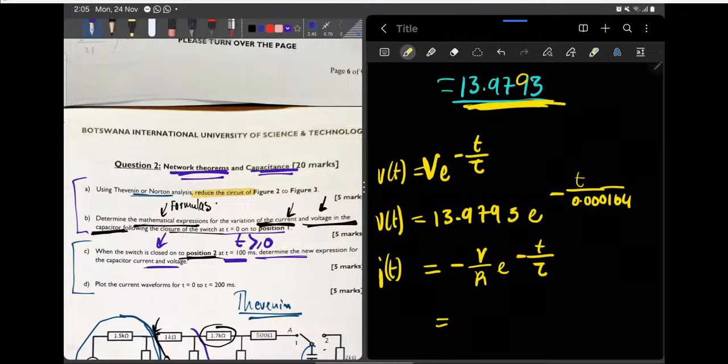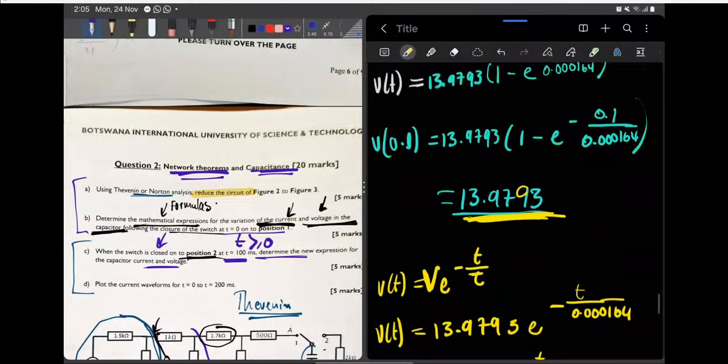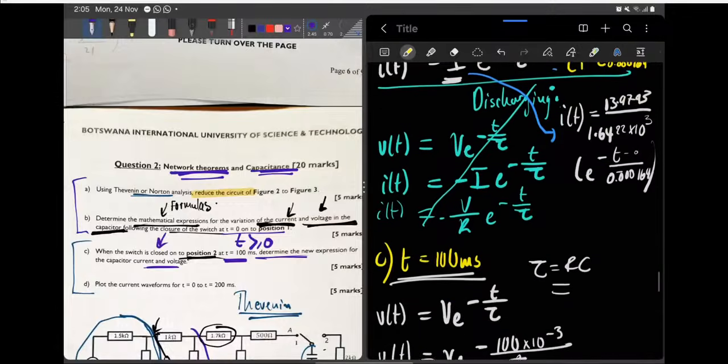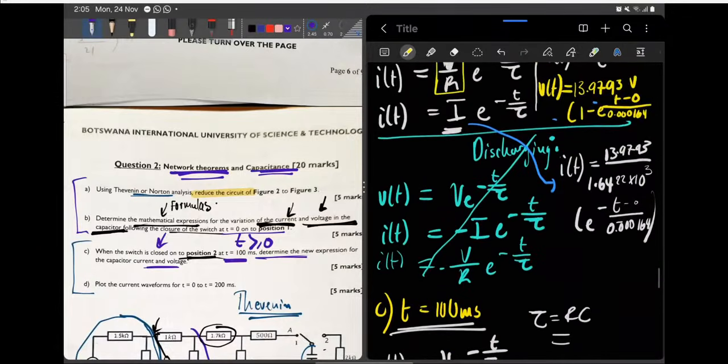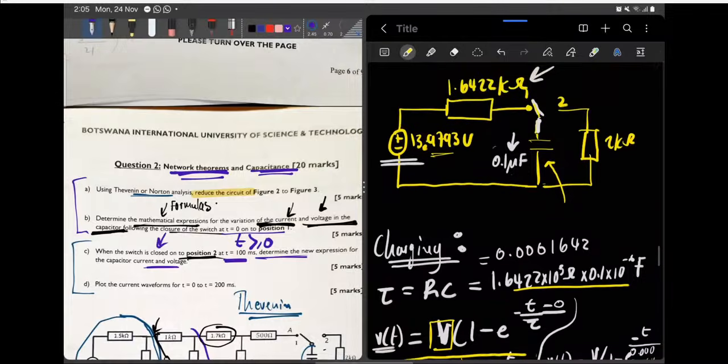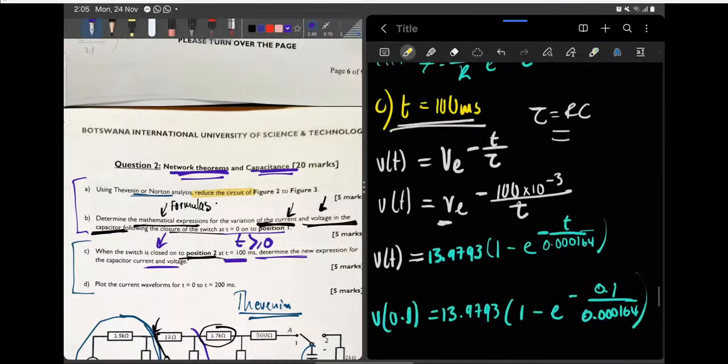We have our V, 13.9793, over the R. I'm sure we got it when we did the division: it's 1.6422 times 10 to the 3 ohms.